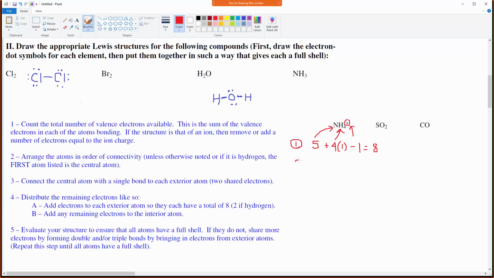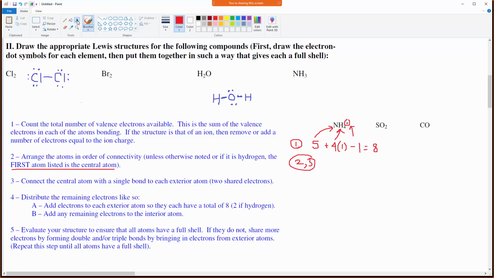Now it says step 2, I'm going to arrange the atoms in order of connectivity. And then step 3, I'm going to connect them. So in fact, I can do these kind of together. Steps 2 and 3, we're going to say, look, unless otherwise noted, or if it's hydrogen, the first atom listed is the central atom. So we're going to put nitrogen in the middle.